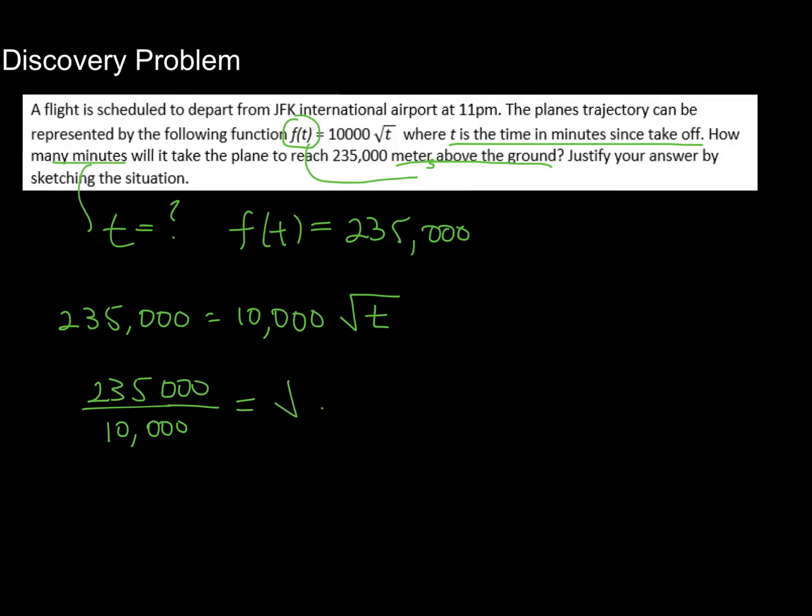Equals square root of t. And then we're going to square both sides. And then in your calculator, you can compute this and find that t is going to equal 552.25, which is of course going to be in minutes.